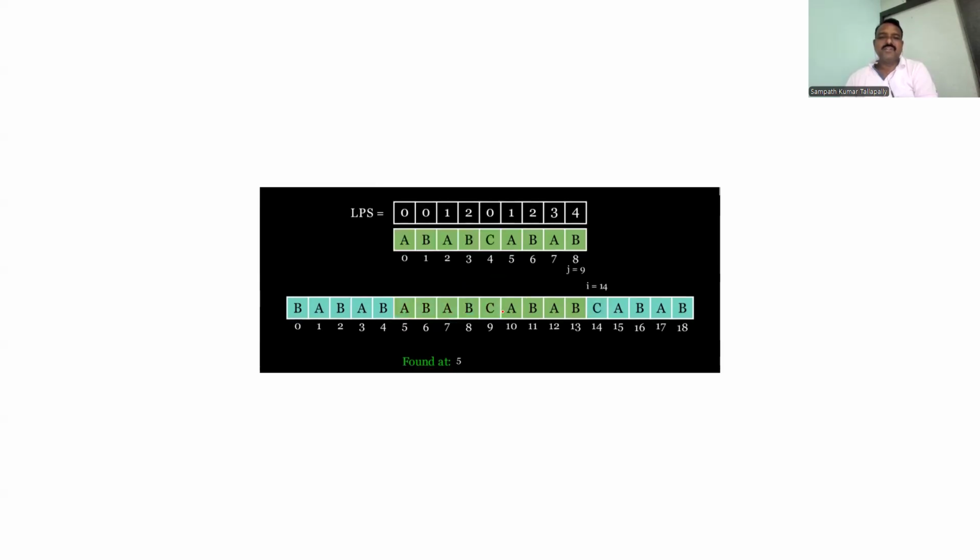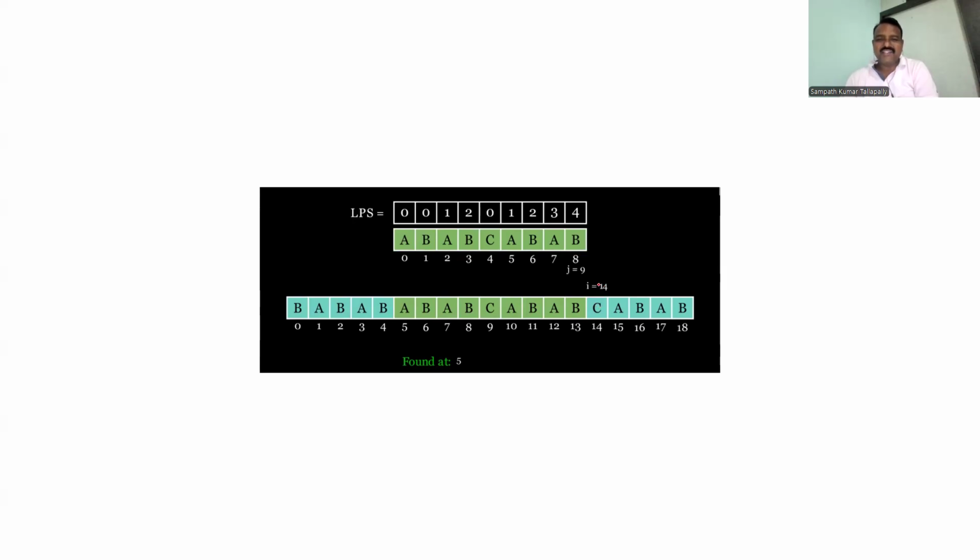Now we are going to check whether this element is found again or not. So for finding that element, we are going to check this element with this element. Whether this element is found here now?